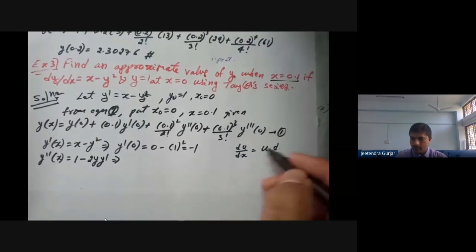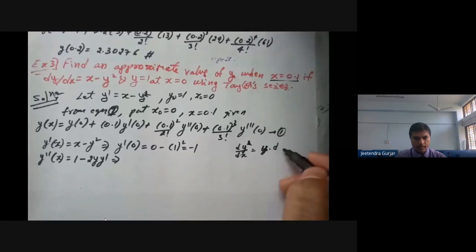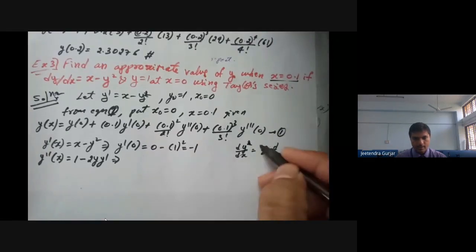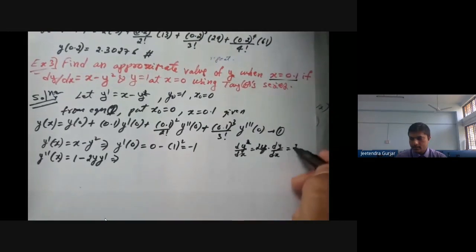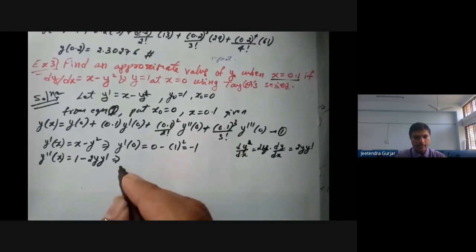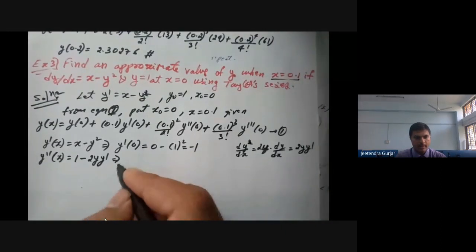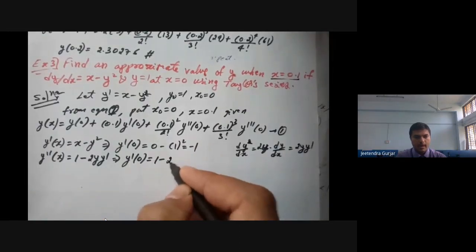When you get this as u into v, instead of u, just substitute y square. Differentiation of y square is 2y, keep it as it is, and then differentiation of y. So it is going to become 2y y dash. I repeat once again, differentiation of y square is 2y y dash.